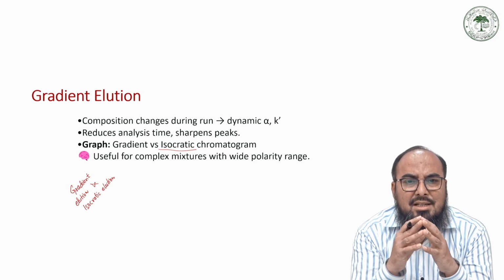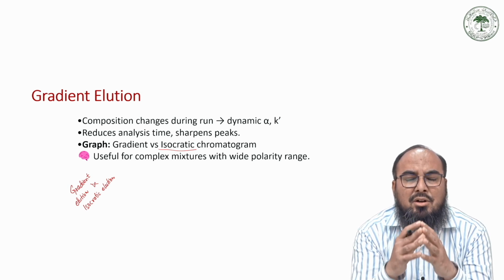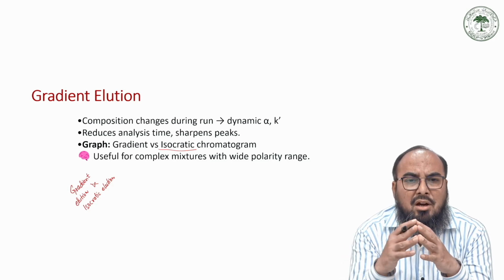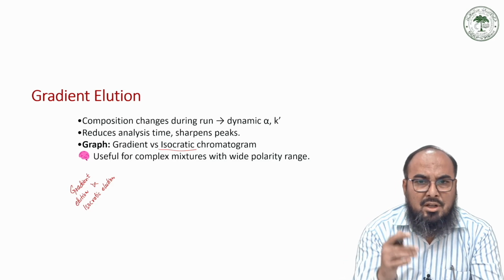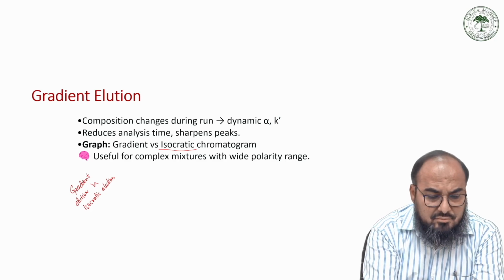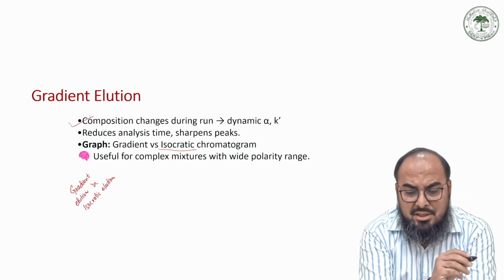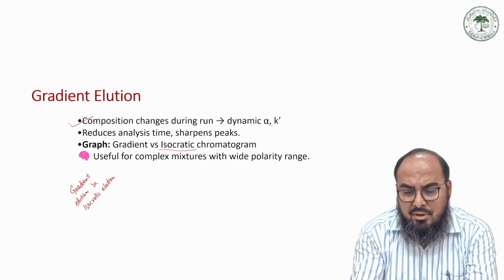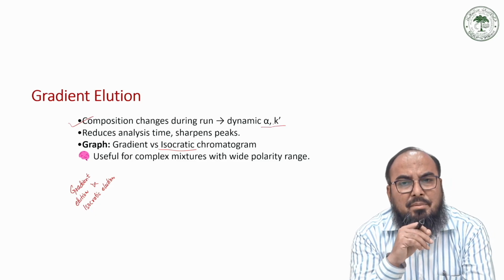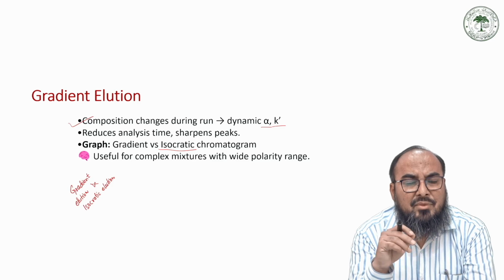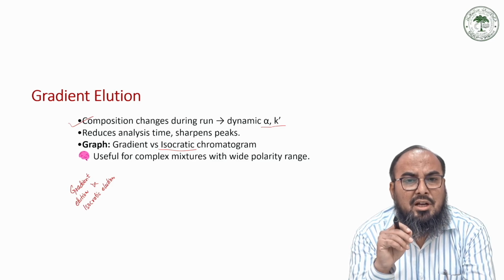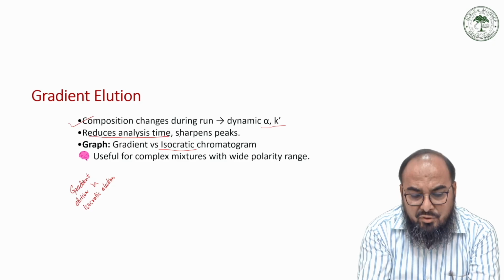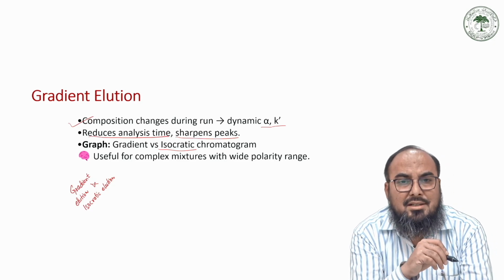Okay, so this is called gradient elution, which gives rise to a gradient chromatogram. So we have to change the composition during the run, so that we can get dynamic retention factors and dynamic separations. Similarly, gradient chromatography leads to a reduction in time, and we also get ideal peaks, that is sharp peaks.